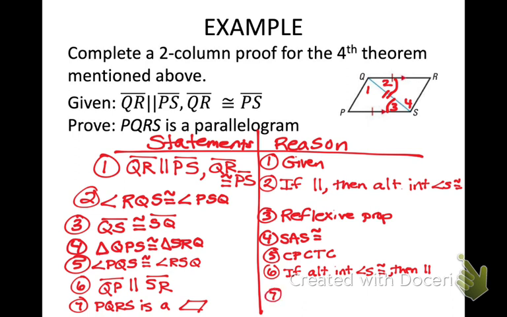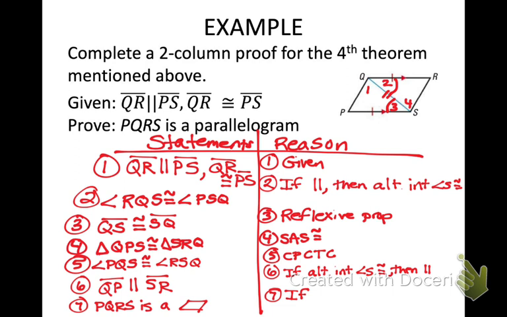Can you give me an if-then statement for down there? If what, then what? Is it 4 now? Well, so what should be my if-then statement? If opposite sides are congruent and parallel, then parallelogram?